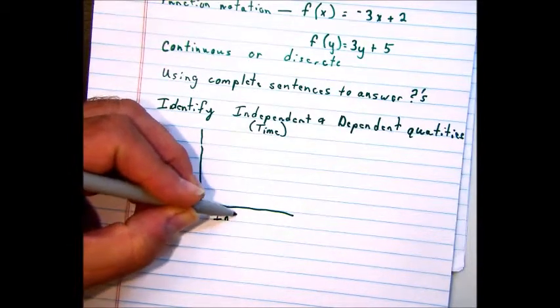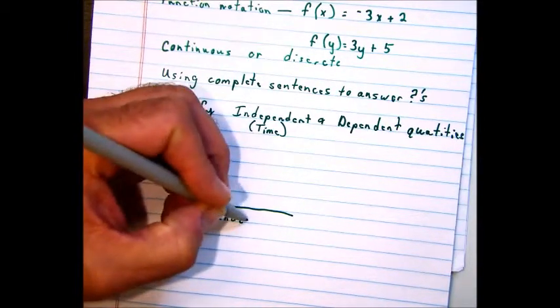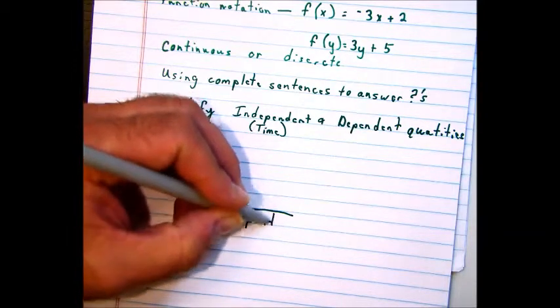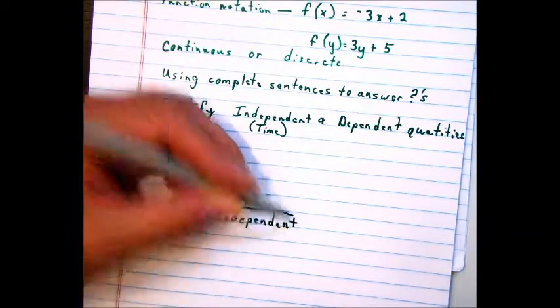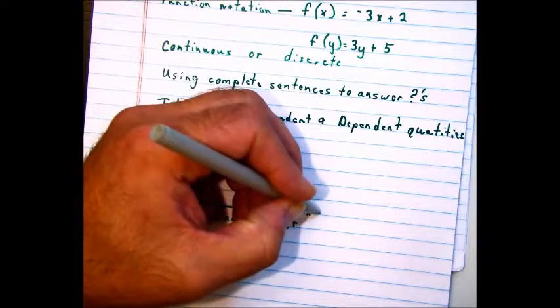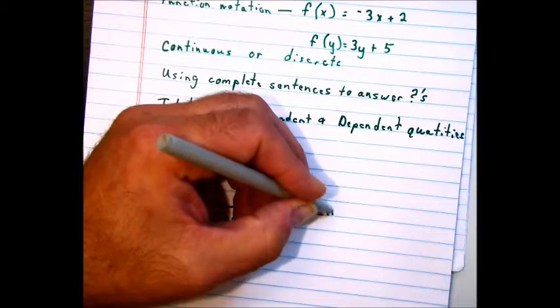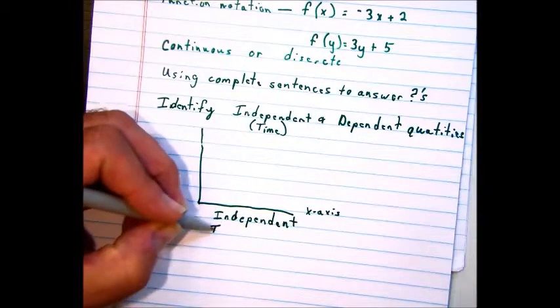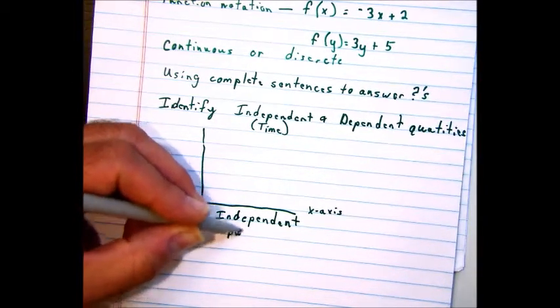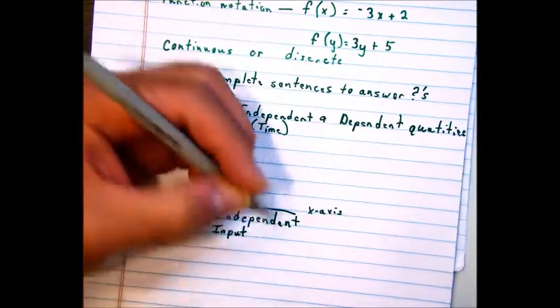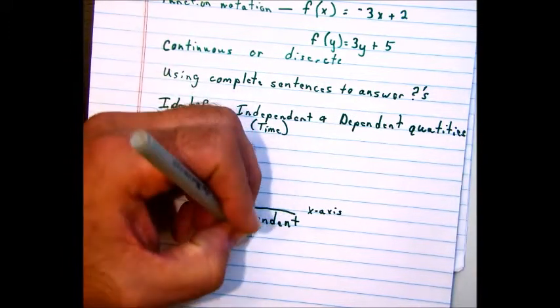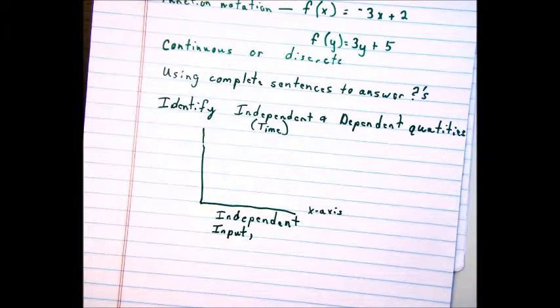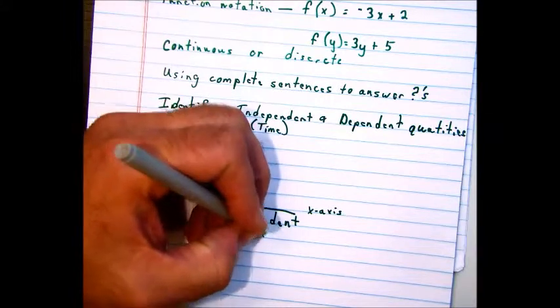So we're going to go ahead and make sure we know where the independent goes. It always goes on the x-axis. Okay. And independent is also known as our input. That means we're putting something in for the value of x. It's also known as our x value.